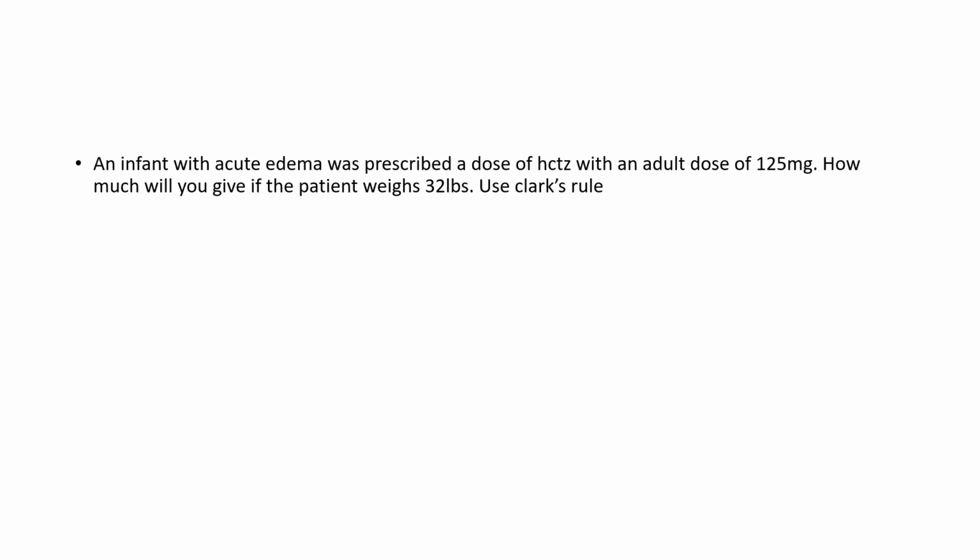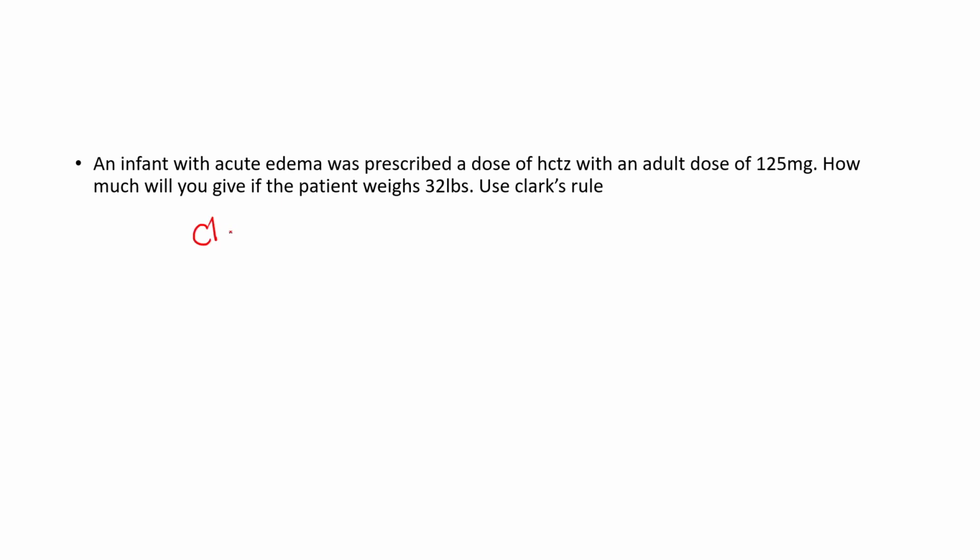Next, an infant with acute edema was prescribed a dose of hydrochlorothiazide with an adult dose of 125 milligrams. How much will you give to the patient if the patient weighs 32 pounds? Use Clark's rule. So Clark's rule is based on the patient's weight in pounds.